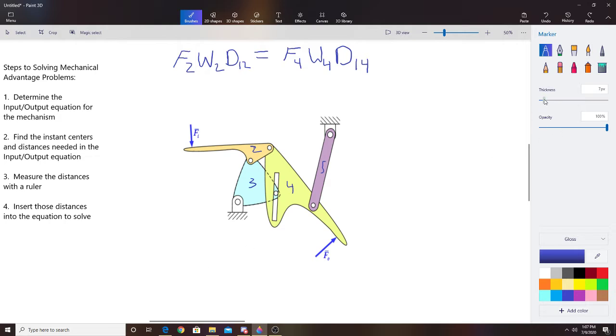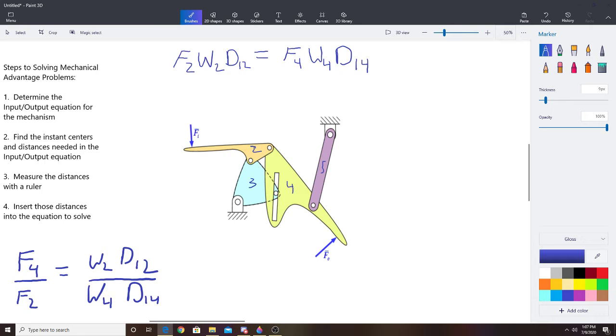So you get down here, I'll just move it, F4 over F2 is equal to W2 D12 divided by, move W4 to the other side, and D14, right? So that's just a very simple manipulation, right?